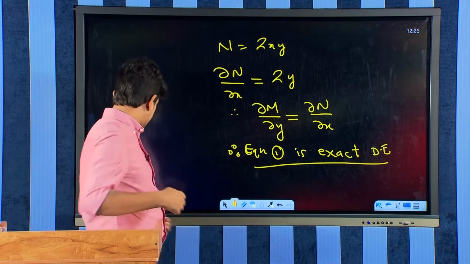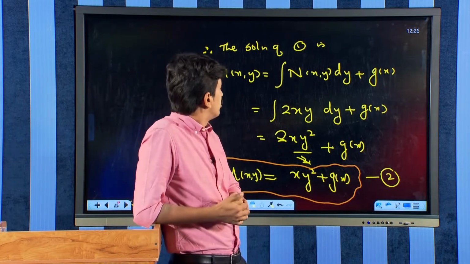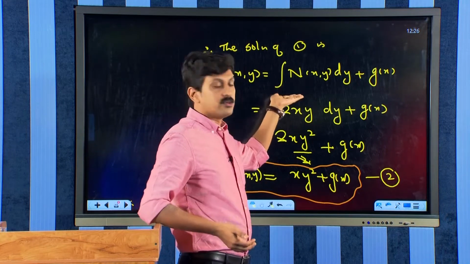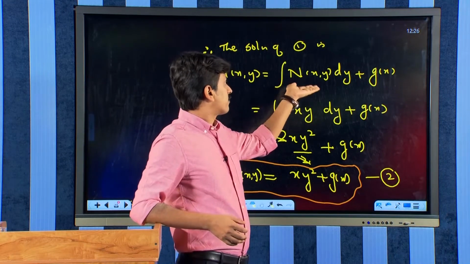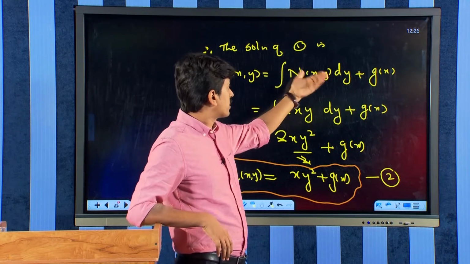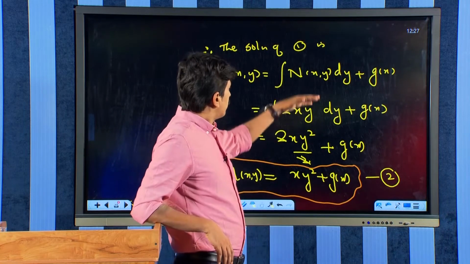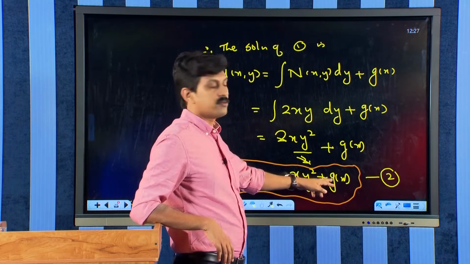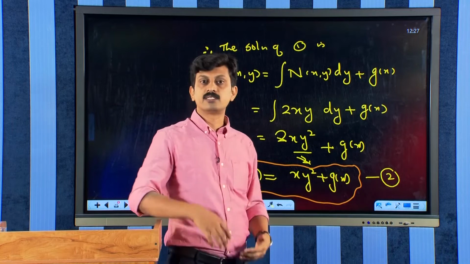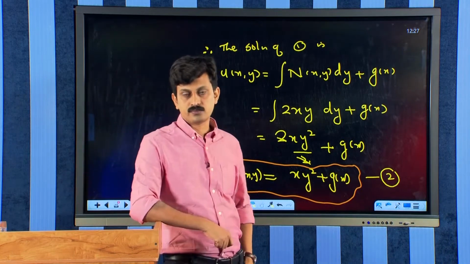If it is exact, we find the general solution u, which can be integral of n of x y dy plus g of x, or otherwise integral of m of x y dx plus g of y. After that we find the value of g of x or g of y, and then we replace it to find the general solution.